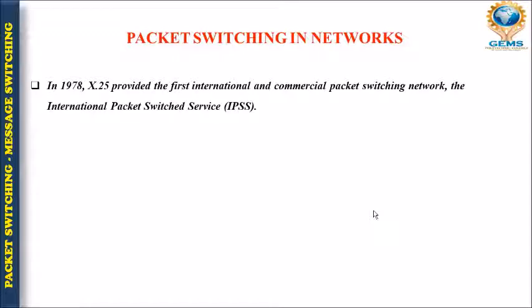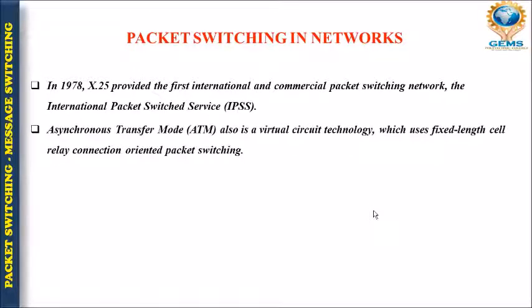Next, in 1978, this X25 provided the first international and commercial packet switching network. That means it was first used in 1978 and was known as IPSS, that is the International Packet Switched Service, right? Next one is ATM.